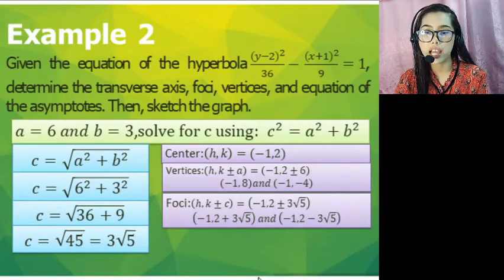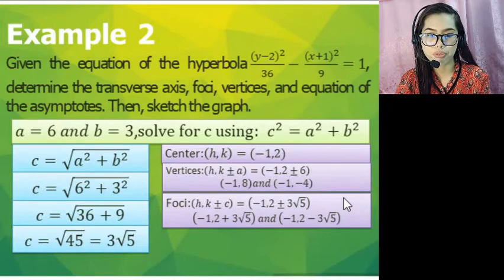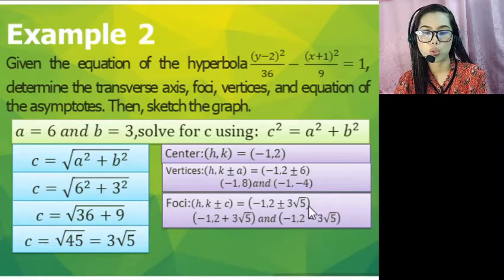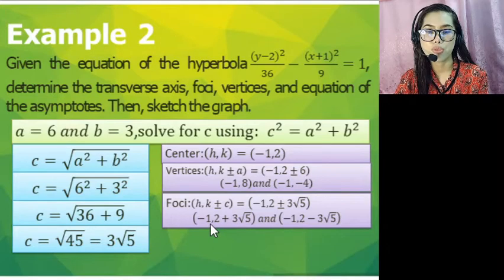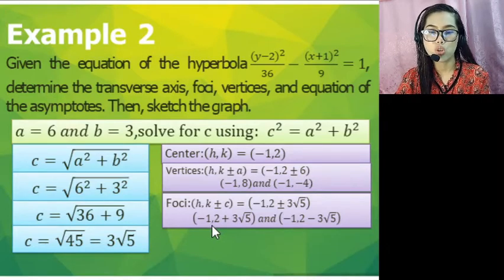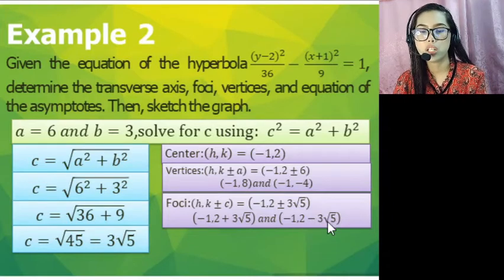For our foci, we have (h, k ± c). So we have (−1, 2 ± 3√5). It is represented with two foci: (−1, 2 + 3√5) and (−1, 2 − 3√5).